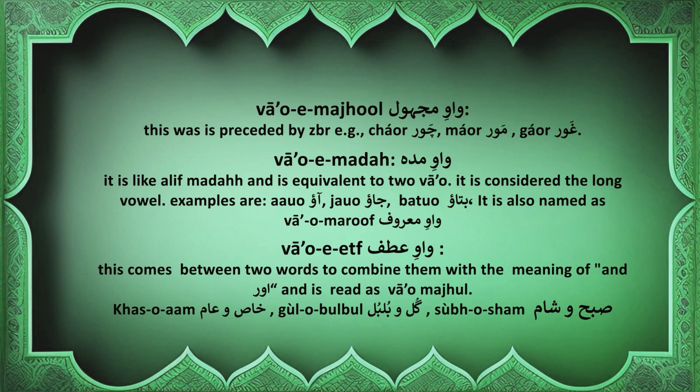This comes between two words to combine them with the meaning of or, and in English we can say this is and. What function does it do? To combine them with the meaning or. This vav gives the meaning of or and is read as vav majhul.